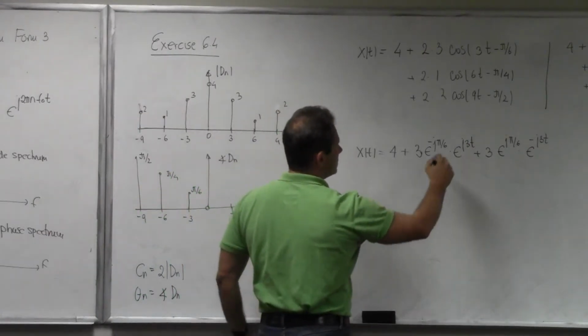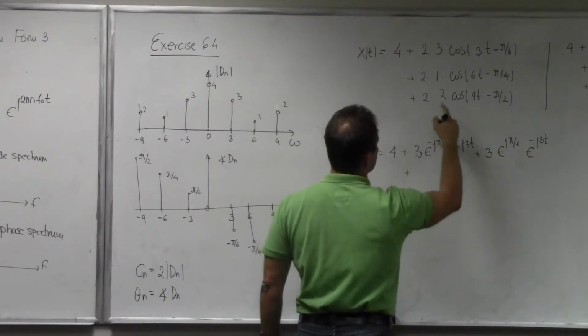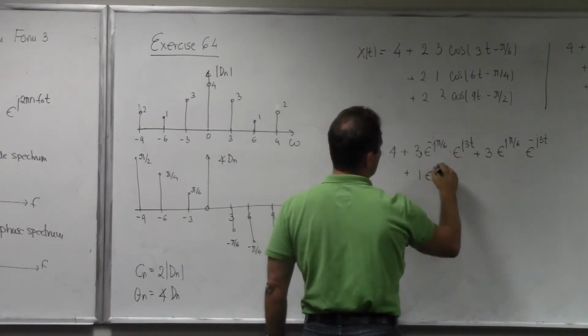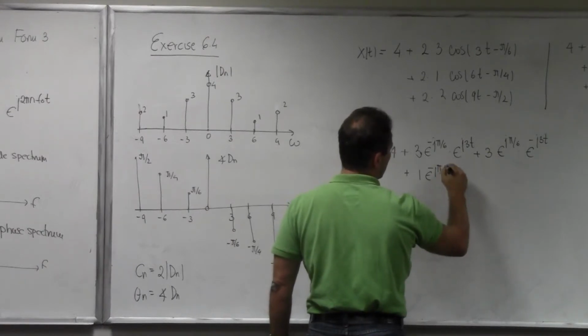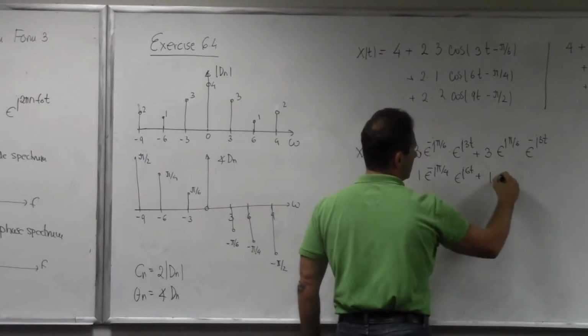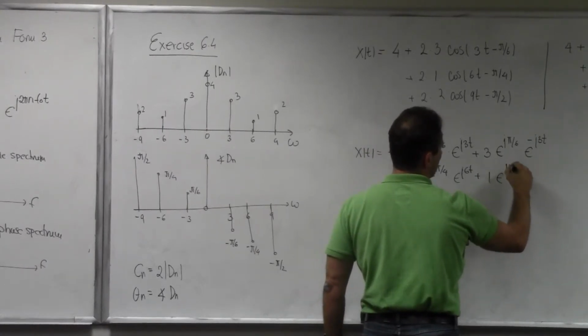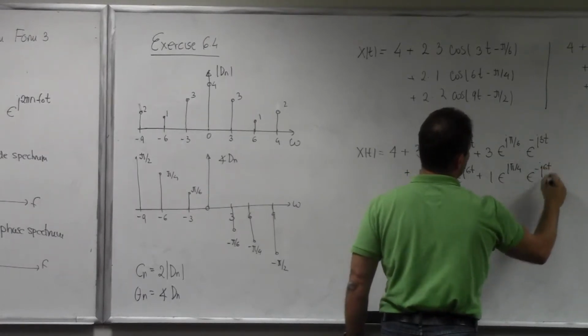Now, I would do the same thing for the other one. So I would say plus 1 e to the minus j pi over 4, e to the j6t, plus 1 e to the j pi over 4, e to the minus j6t.